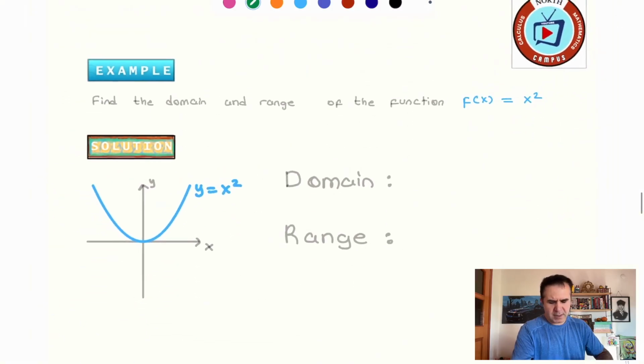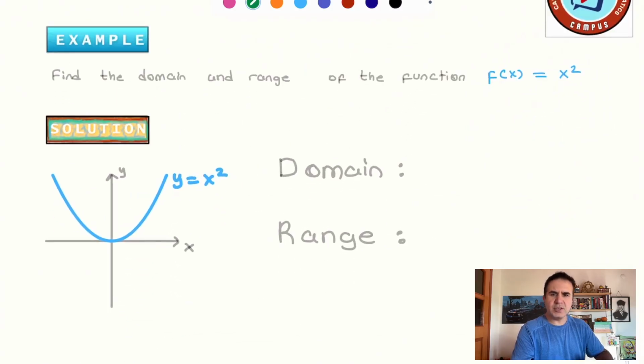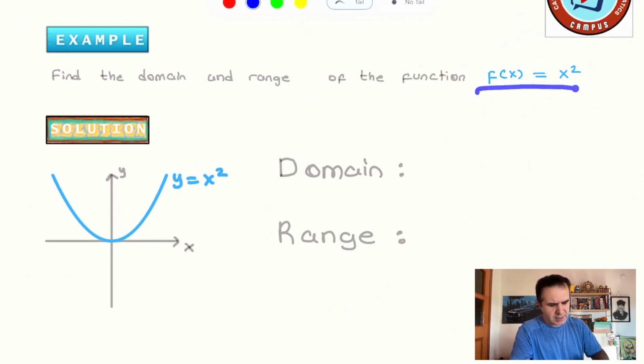The second example, find the domain and range of the function f of x equals x squared. The domain of the function y equals x squared is all real numbers again. In other words, you can plug any real number into this function, and the function will always produce a valid output.